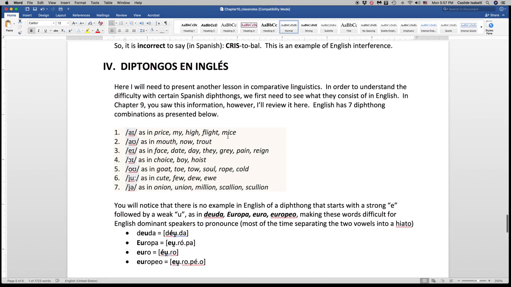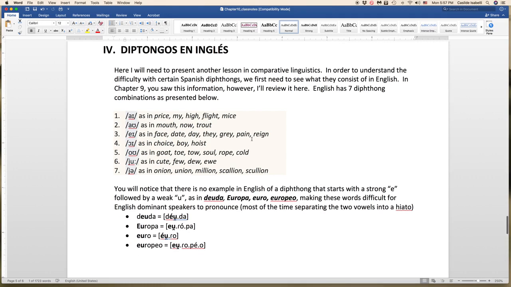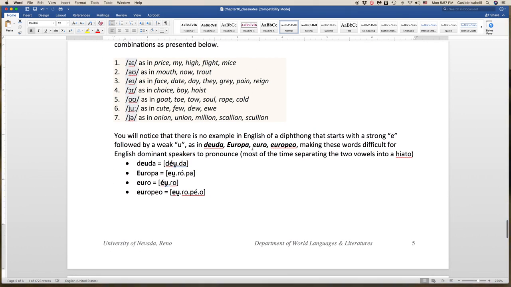And then the last part that I have in the notes are diphthongs that don't exist in English, and therefore they're very difficult for us to pronounce in Spanish. The EU combination is very difficult for English speakers to produce, and we tend to want to separate them and say deuda, Europa, euro, Europa, europeo.